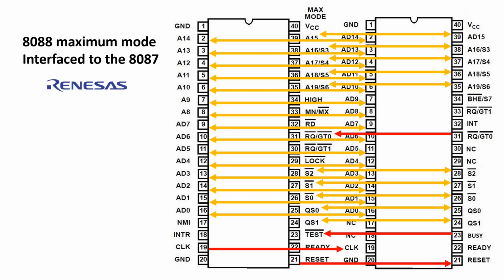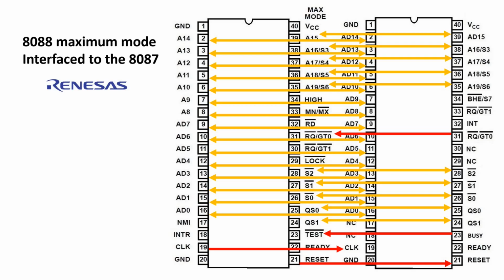One thing to note is if you want to use the 8087, the CPU has to be configured in maximum mode. And that was one thing that it took me a while to figure out, is why when the IBM PC was implemented did they choose maximum mode.